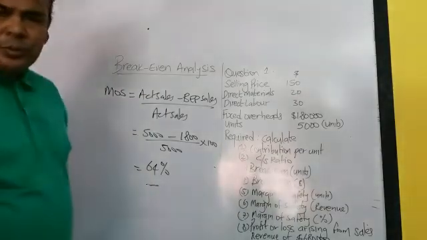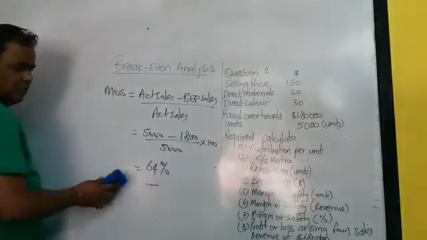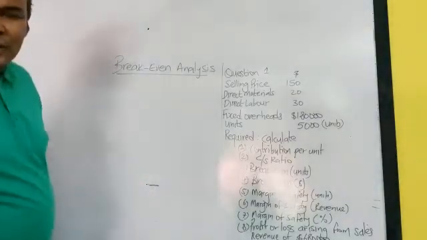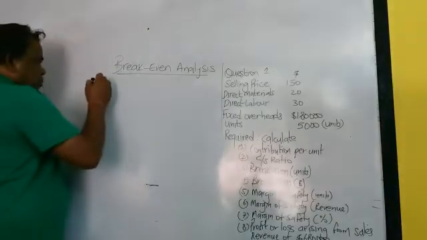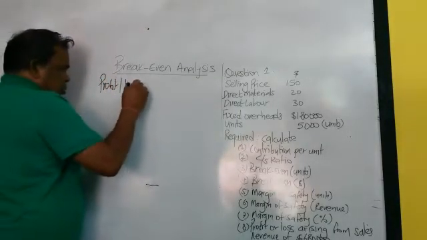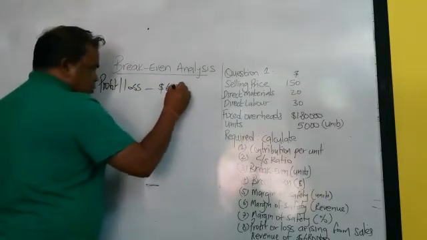Now, the last one: profit or loss arising when sales revenue is equal to 680 000.